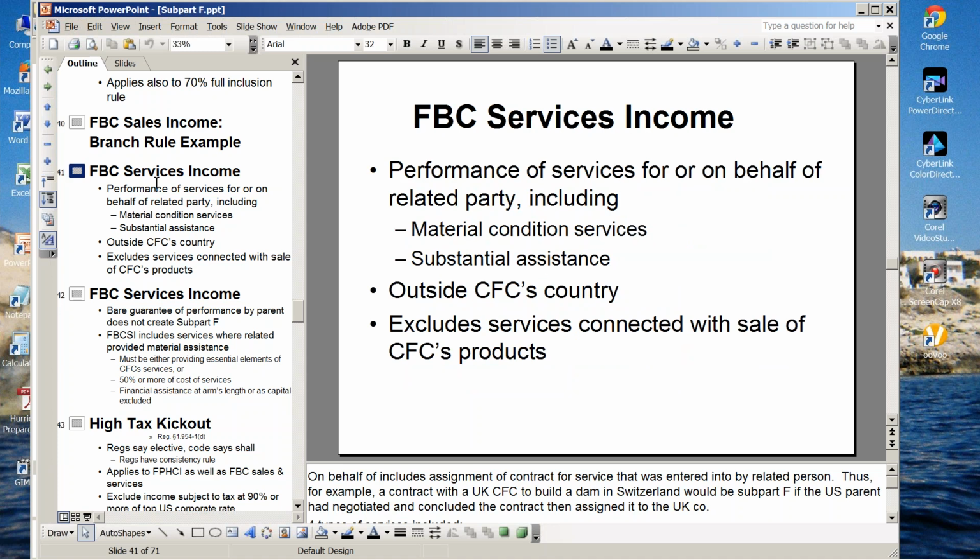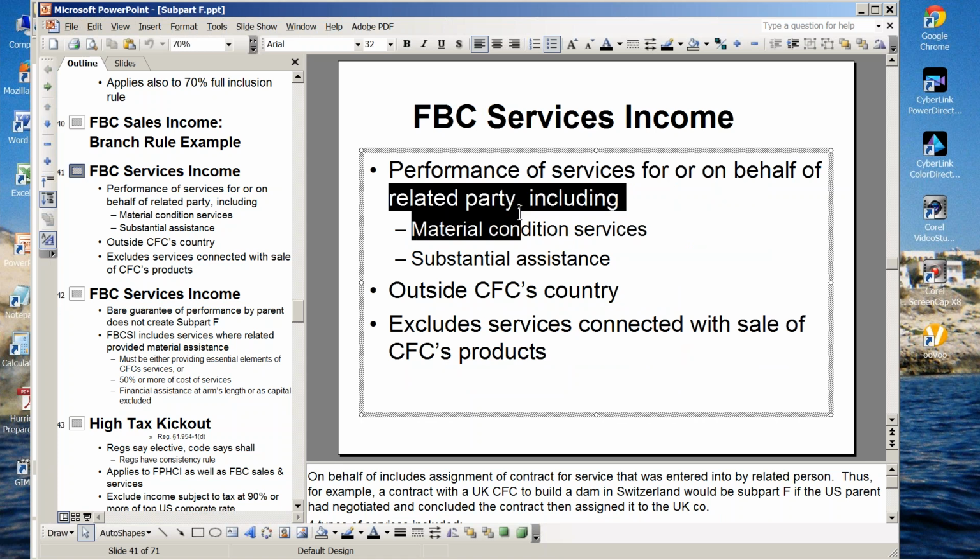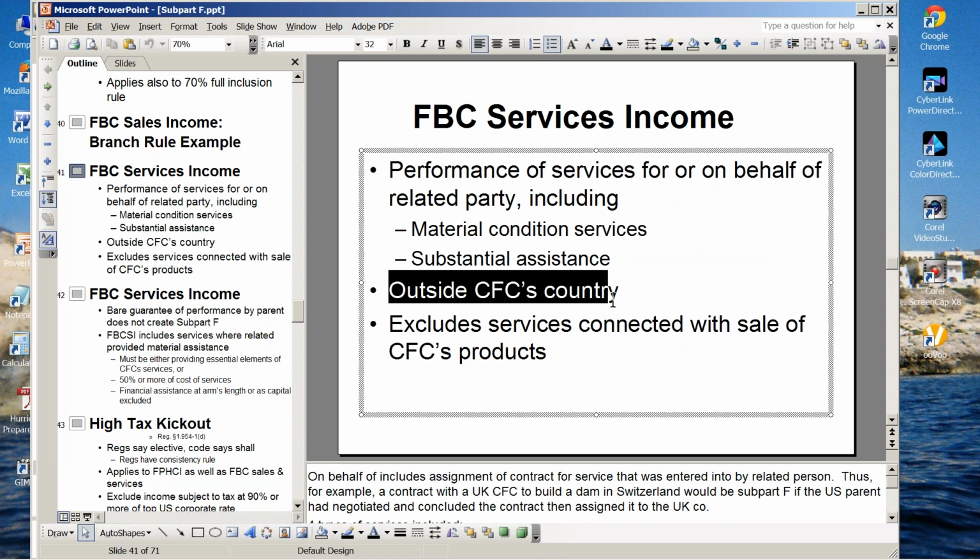So this brings us to the next prong of Subpart F income, foreign-based company services income. Just like foreign-based company sales income, it has to involve a related party and doing things outside the CFC's country. These are the two key pieces of both foreign-based company sales income and foreign-based company services income.